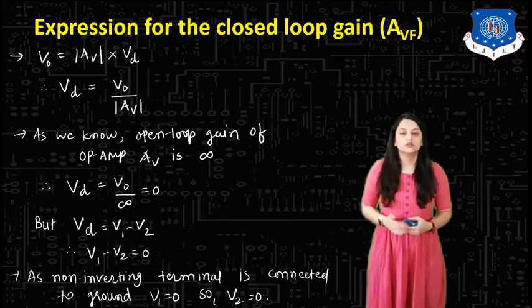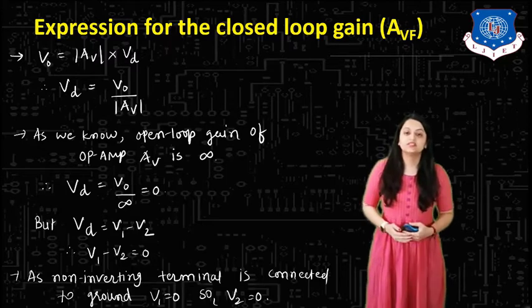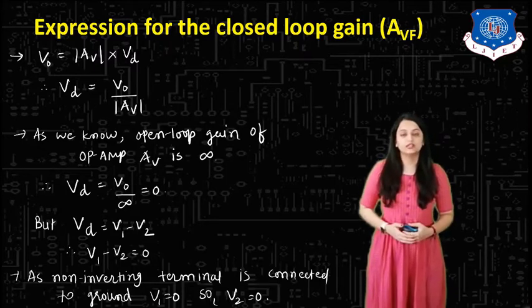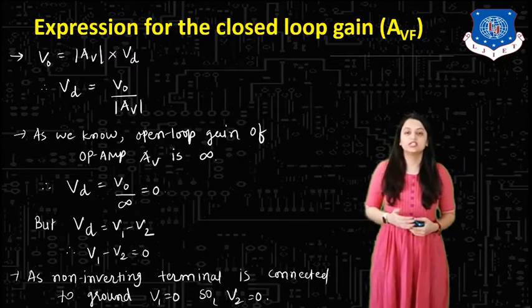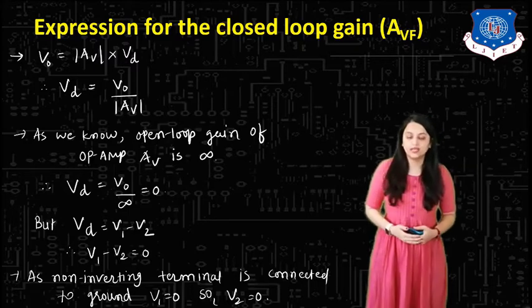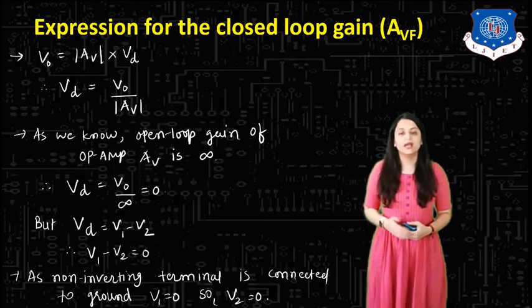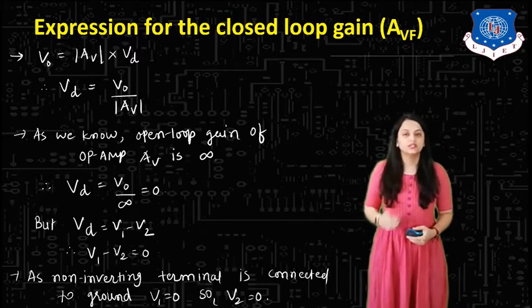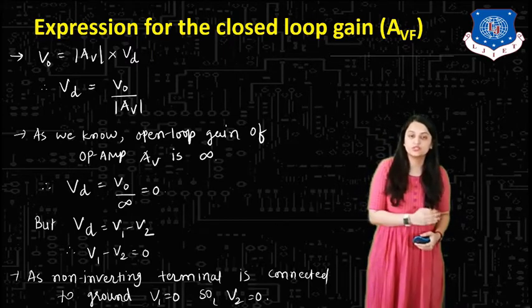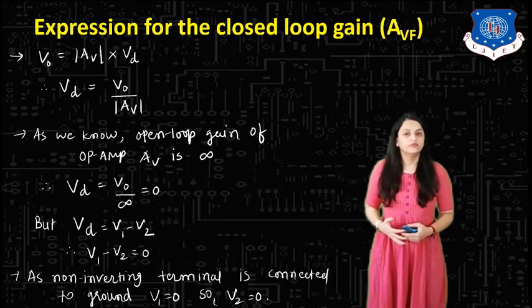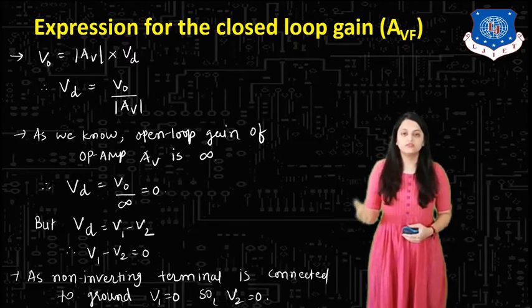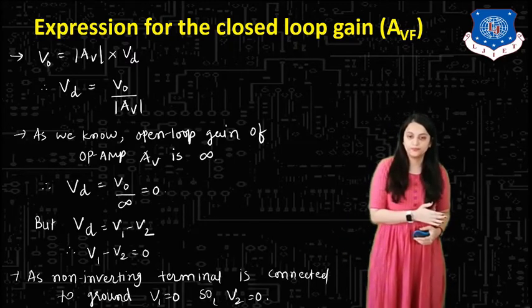As we know, the open loop gain of op-amp AV is infinite. We have assumed in the figure that the voltage gain is ideal and infinite. So if we place infinite in that equation, we get Vd equals Vo divided by infinite, that is equal to 0. So Vd equals V1 minus V2, making V1 minus V2 equal to 0.